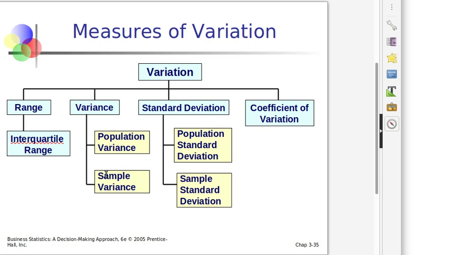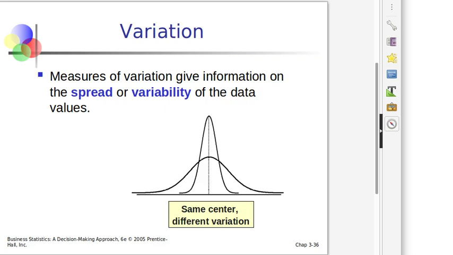The population refers to the whole number of things that we are interested in, while the sample is only a subset of that. Now, standard deviation also has population standard deviation and sample standard deviation. What is variation?